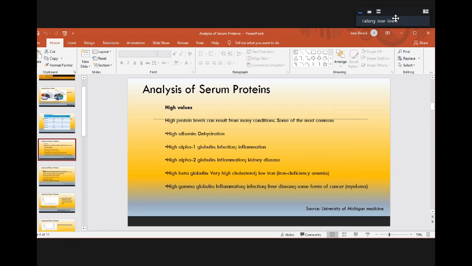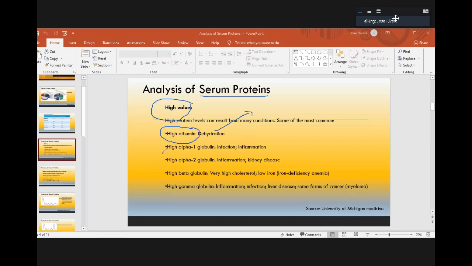For instance, if there is a high concentration of albumin, that means the person is dehydrated, and dehydration, of course, can be dangerous over long periods of time.